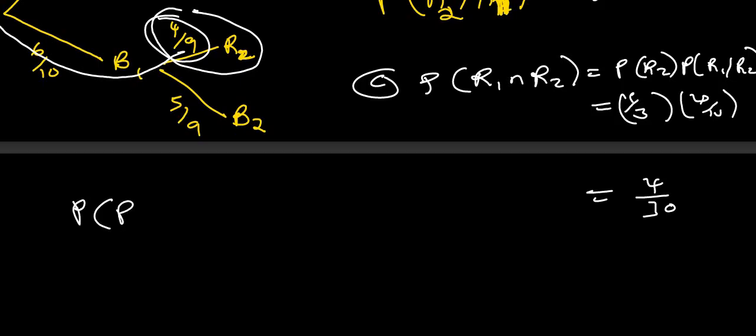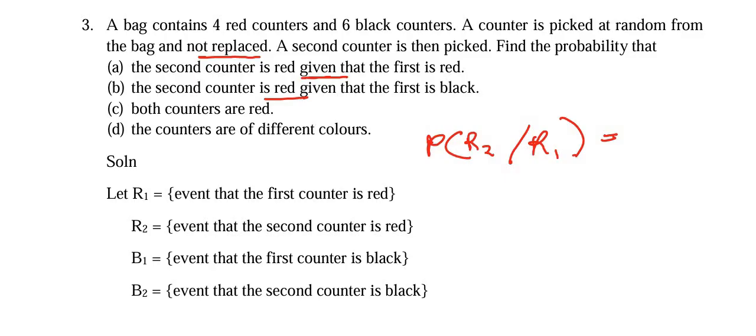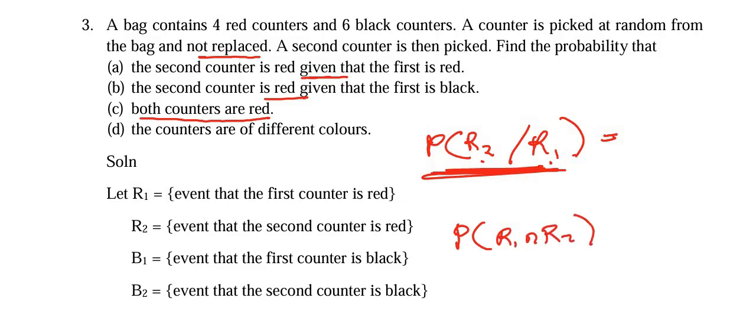Probability of picking both counters red. So I'm saying probability of picking red 2 and red 1. So I can write it here. Yes, the probability of picking red 1, and the second one is also red.